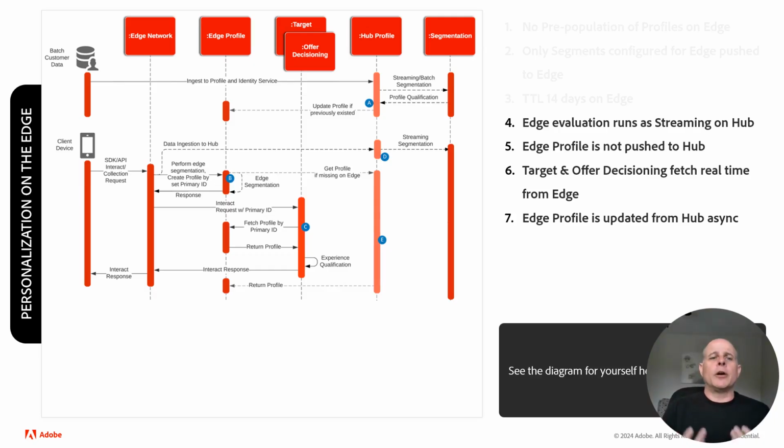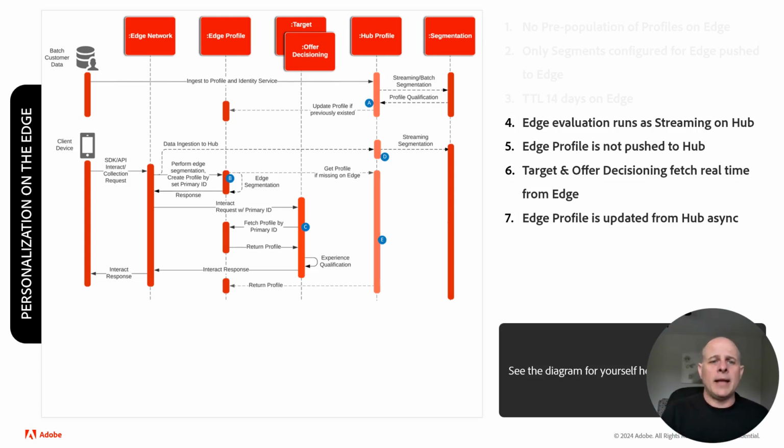From there, Target will do its kind of experience qualification to say, based on this profile, what do they qualify for that experience? Then that response will be handed back to the edge network, which in turn gets handed back finally to the originating device that made the call.